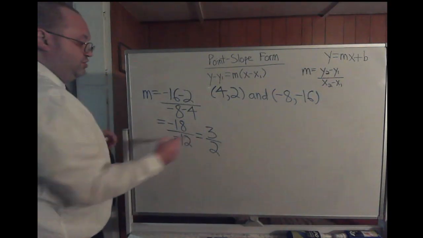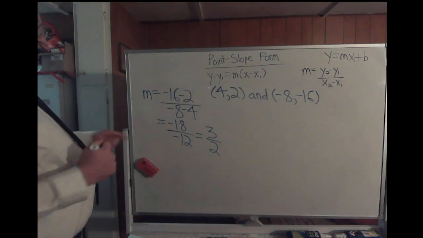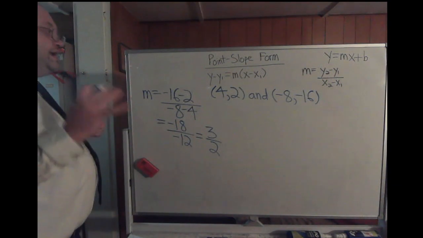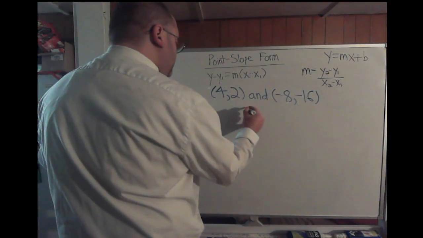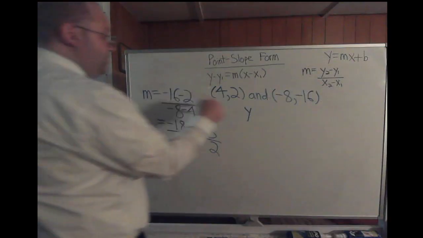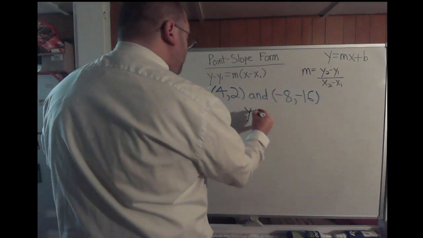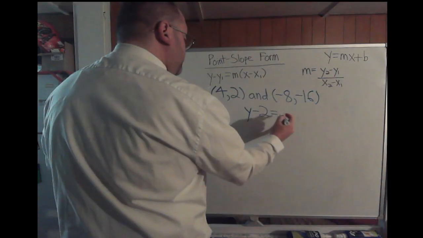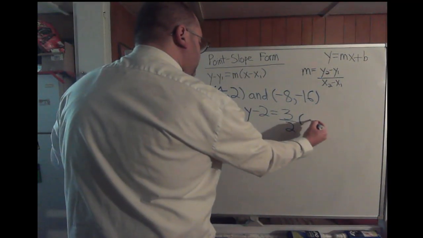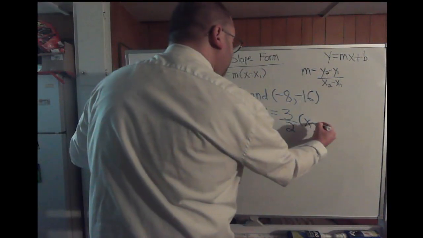You get 3 halves for your slope. Now, you're going to designate one of these points to be y1. I'm going to go with the 4, 2 for our first coordinate. So that would be y minus 2 is equal to the slope of 3 halves times the quantity of x minus 4.